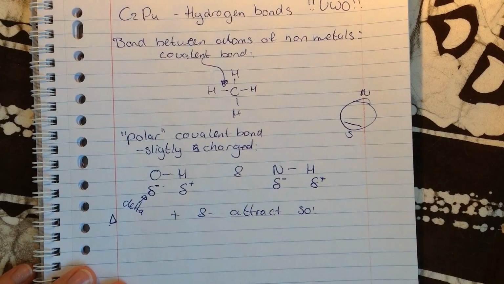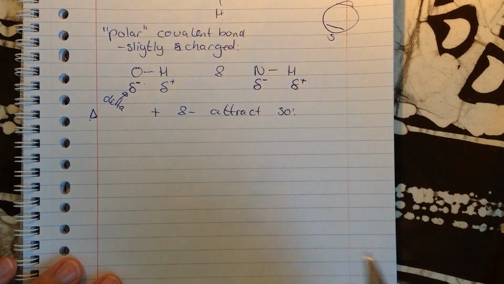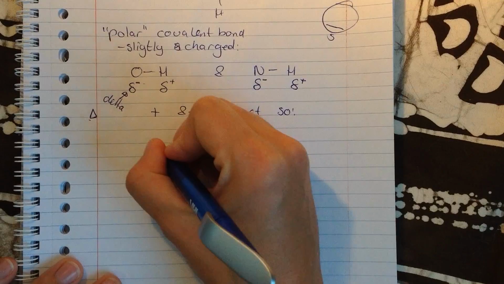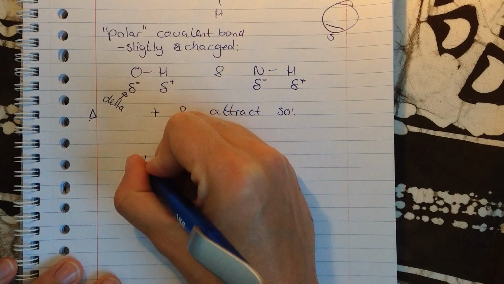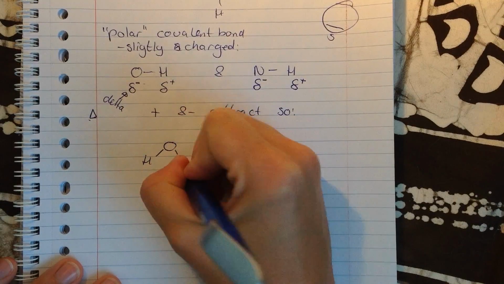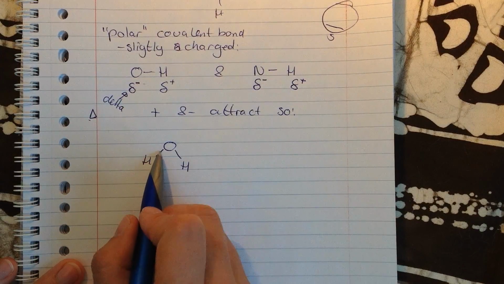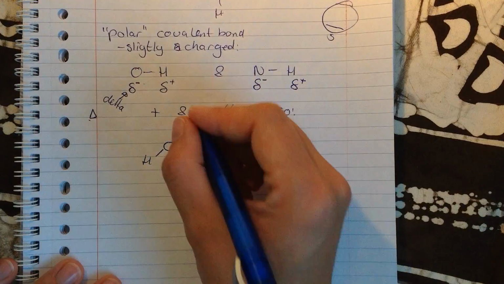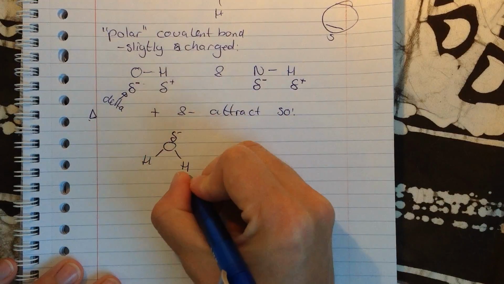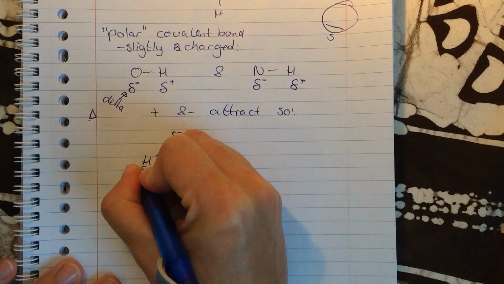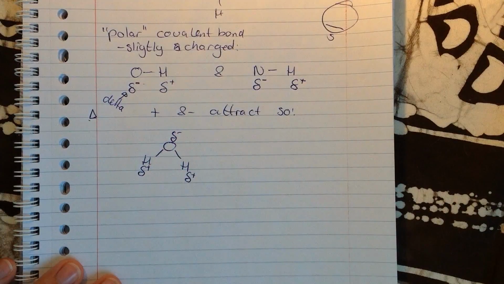So, like when I have two water molecules, water is H2O, so 1 O, 2 H's. This is my covalent bond, but it's slightly polar, so this one is minus, this one is plus, this one is also a bit plus.